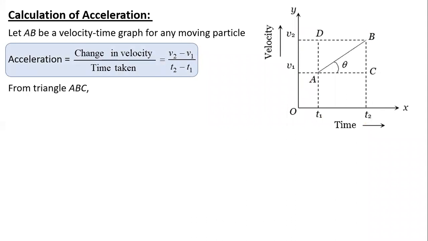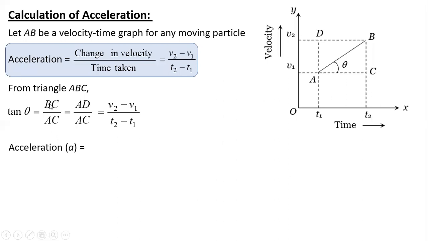And again, if I go for the triangle ABC and define the tan of the angle, I will get v2 minus v1 by t2 minus t1. It means if I have the velocity time graph, I can calculate the value of acceleration by equating that to tan theta. Again, it is related to position time.